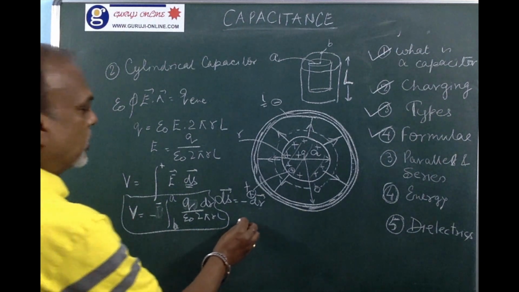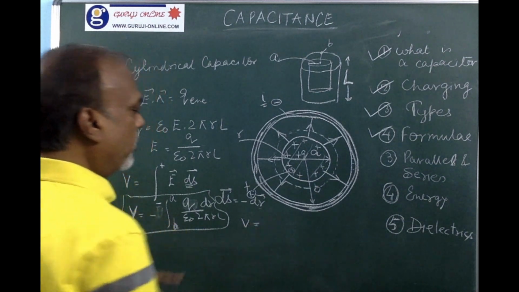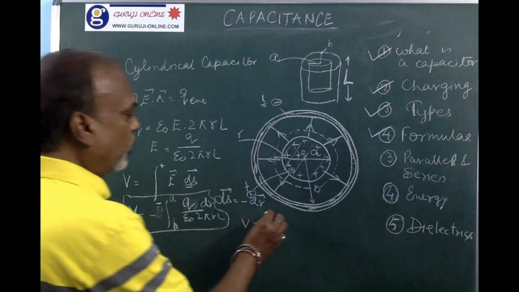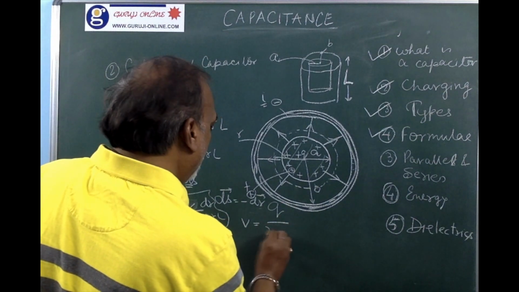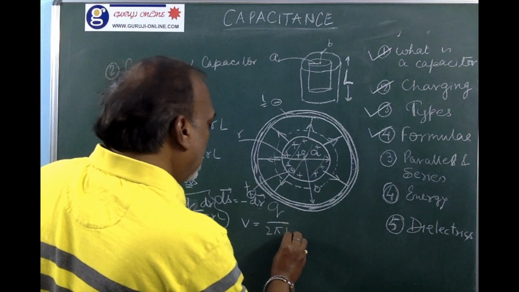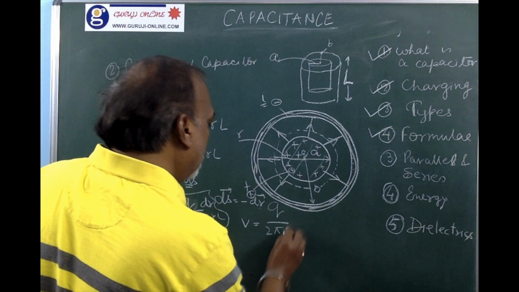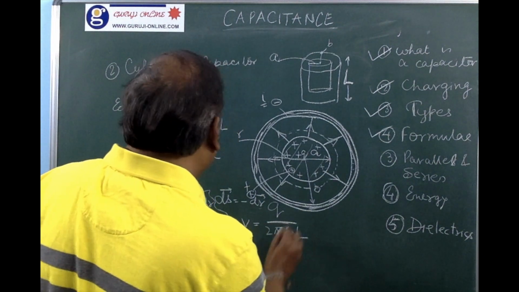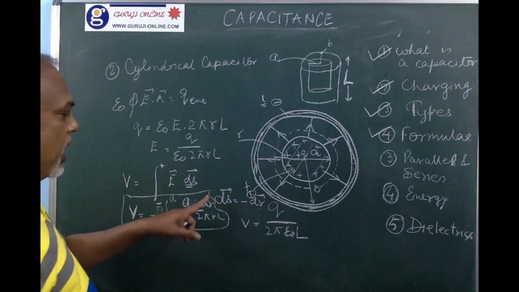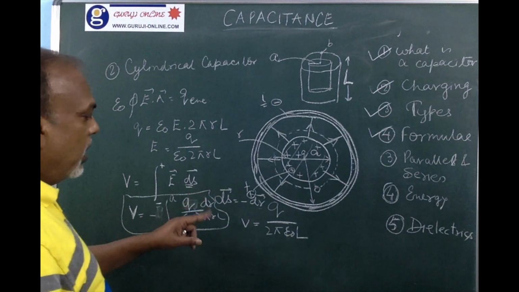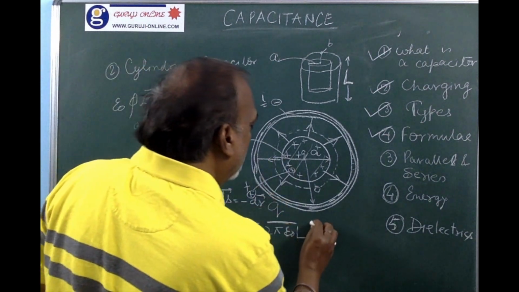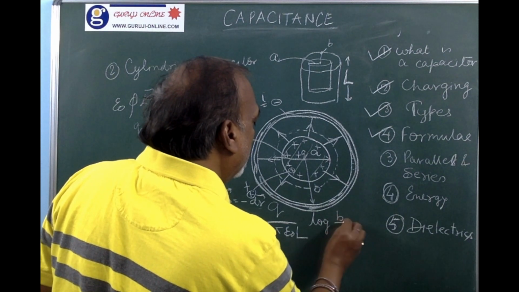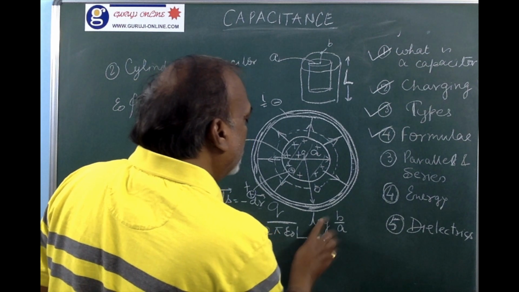And this will give you Q upon 2 pi epsilon 0 L, and taking these limits, this is dr by r, so this will become log. Basically it is log of B upon A.